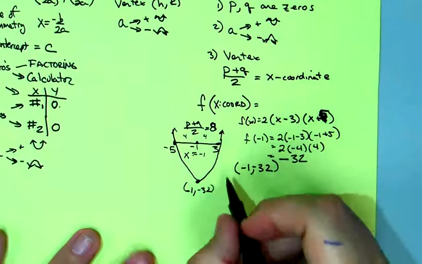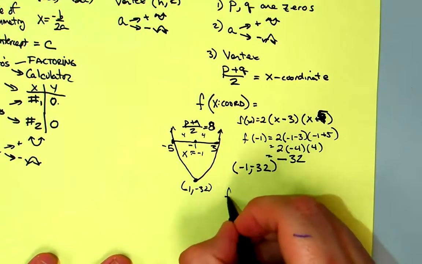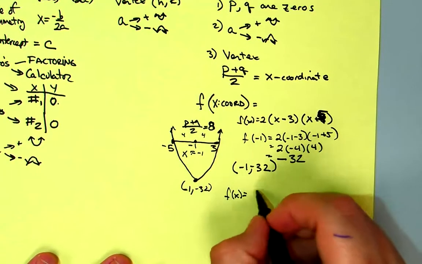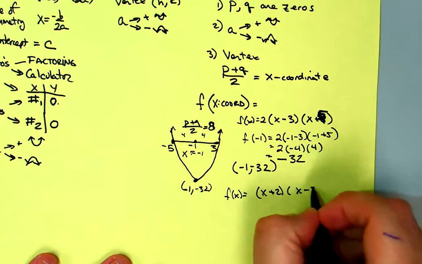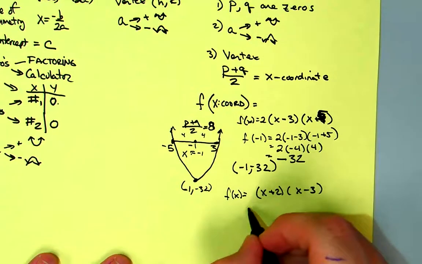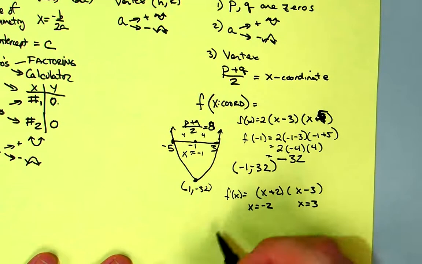Now, another way that you can think about it is, you can find, for example, f of x is equal to, let's say, x plus 2 times x minus 3. From here, we know x is equal to negative 2, and x is equal to 3.